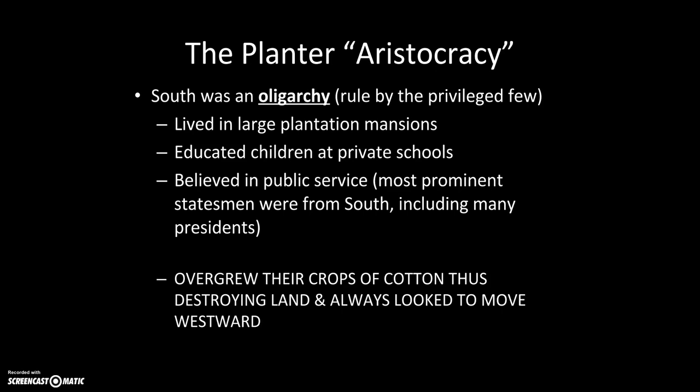Their children are sort of also part of this higher element of society, getting private schooling. Remember that we have Horace Mann working through part of this time to introduce public schooling. But before that really becomes widespread, these planter elites are still going to have the money from all of their successful growing to send their children to private schools.